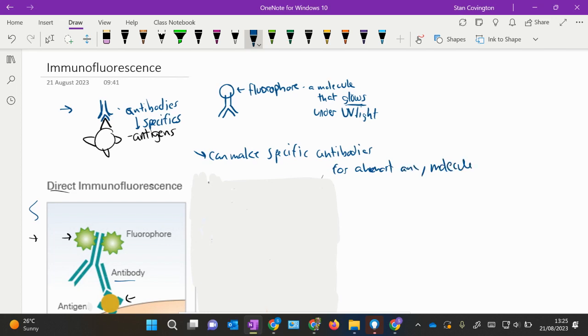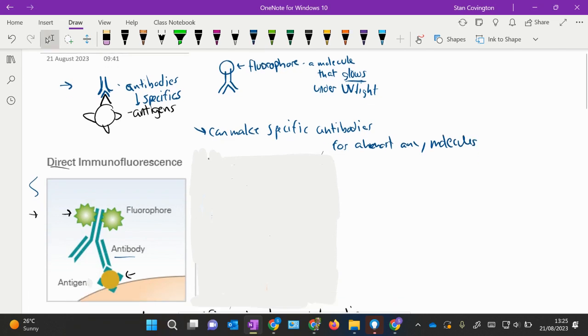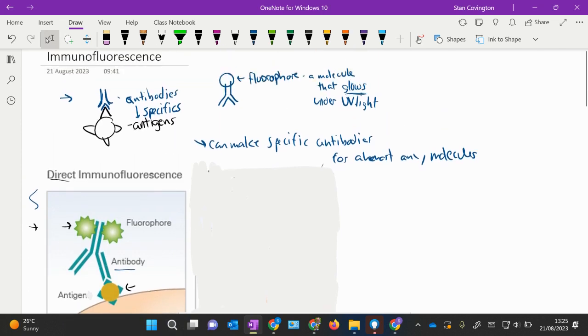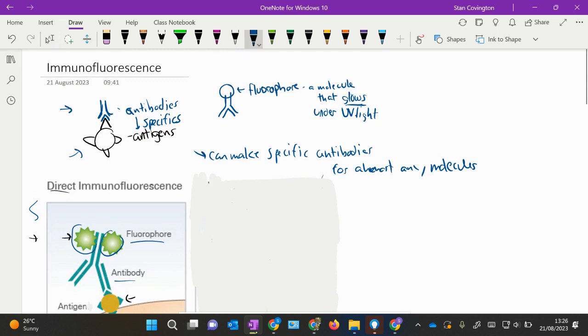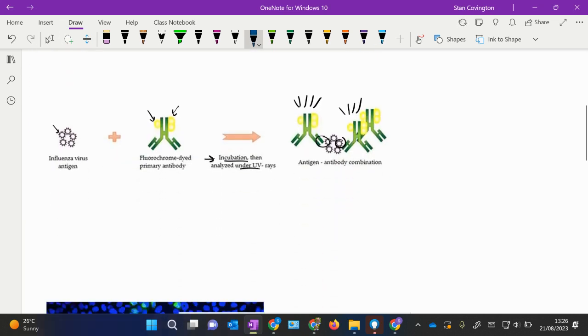Okay, so this is monoclonal antibodies, which is something you'll learn about later on. But the idea here is that this antigen can be anything we want. If we're studying a certain type of molecule, we can make antibodies for that molecule. And then what they do with that antibody is they attach these molecules here that then allow it to glow under UV light.